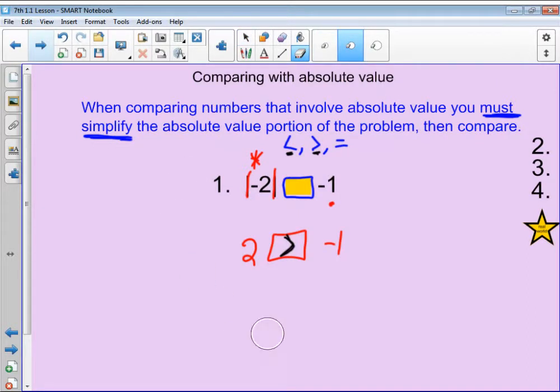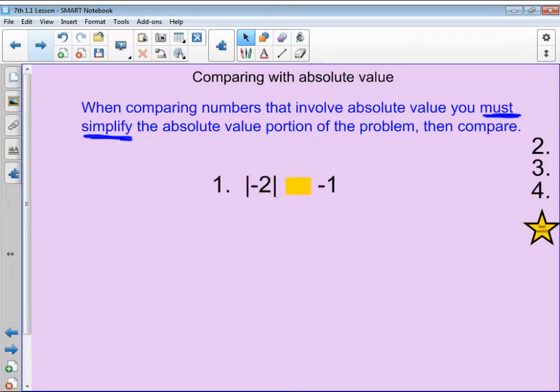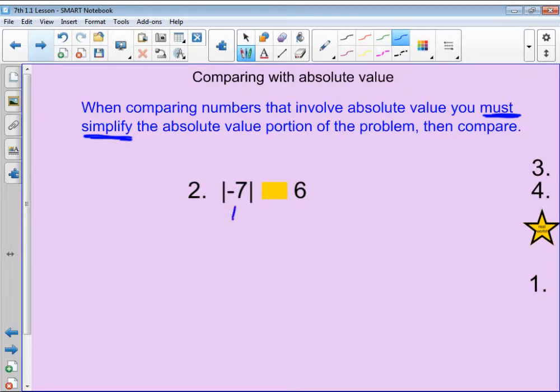Let's try another one. The absolute value of -7 compared to 6. First step, we need to solve the absolute value of -7. Well, -7 would be 7 places away from 0, compared to this 6, which does not have an absolute value, so we're just going to keep it as a 6.